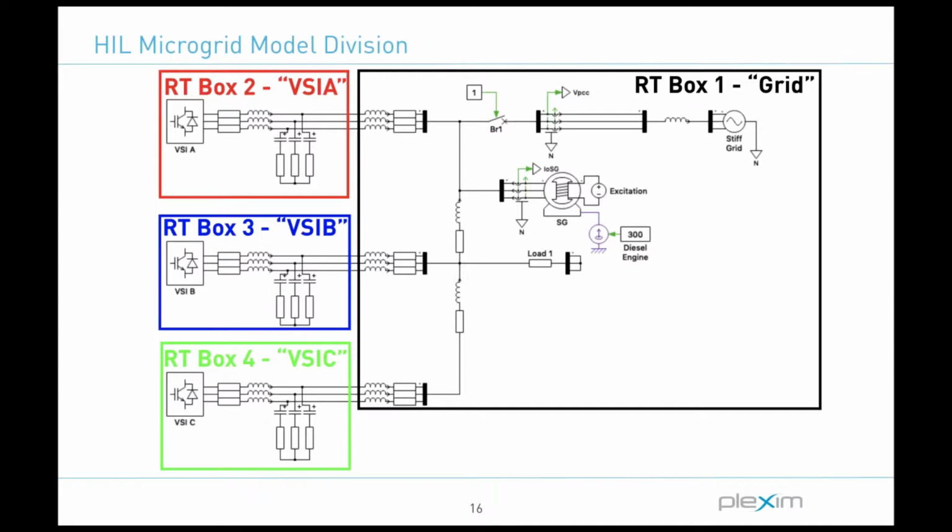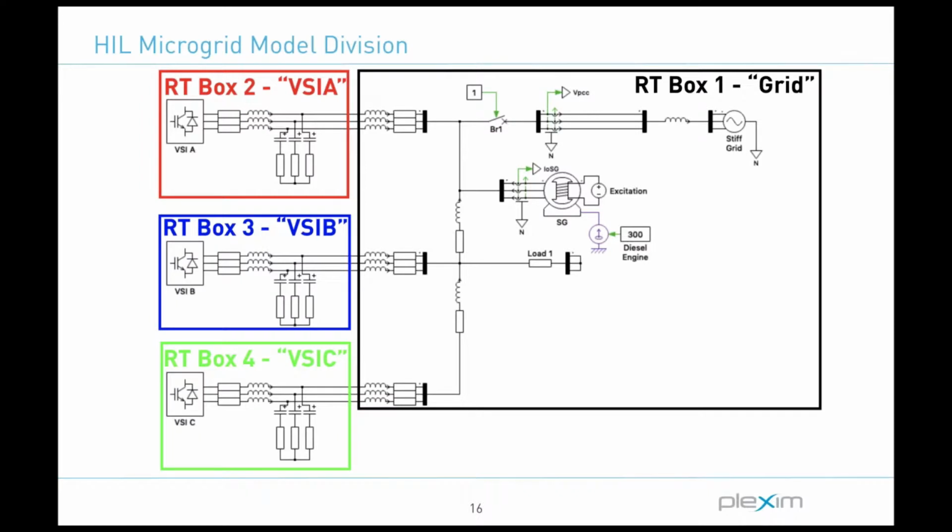So we have the grid source, synchronous machine, and the load on one RT box, as well as the system up to the capacitor of the LCL output filter. And then on the other boxes, the voltage source inverters have the VSI, the 3-level MPC, and then the LC portion of the LCL filter.